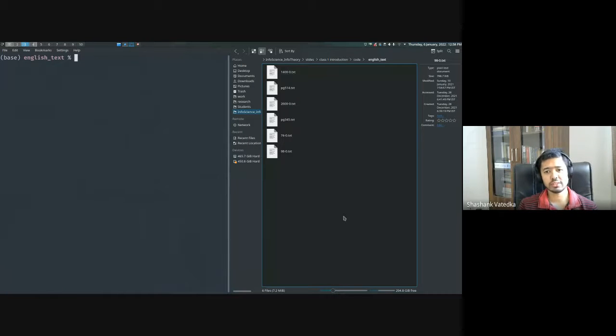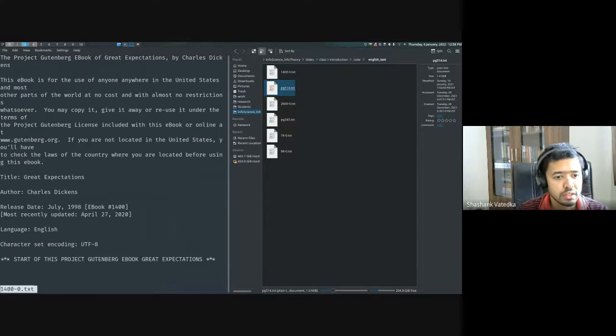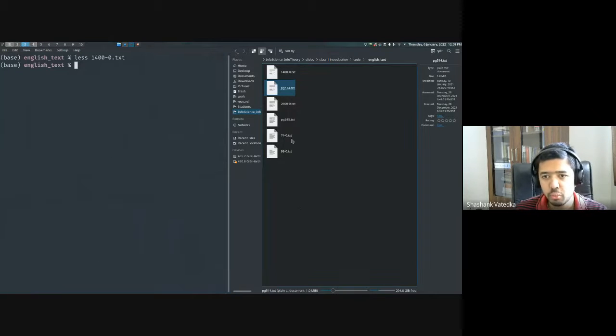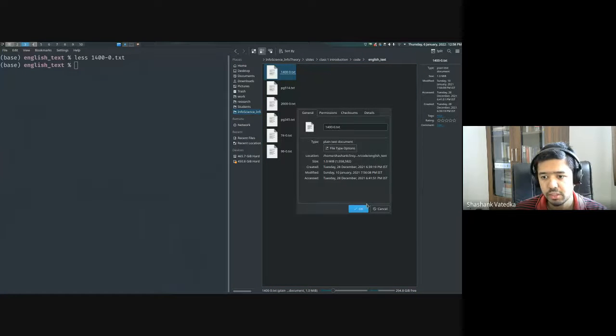All these text files are basically some classic books. The first file turns out to be Great Expectations by Charles Dickens. So this is one book. It is a 1 megabyte file.